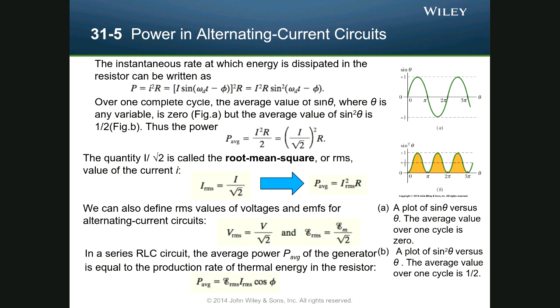We're used to power being equal to I times V. But if you look at the current and the voltage varying at any given time, they have a power. So it makes more sense to look at an average power, but there's a problem with that.